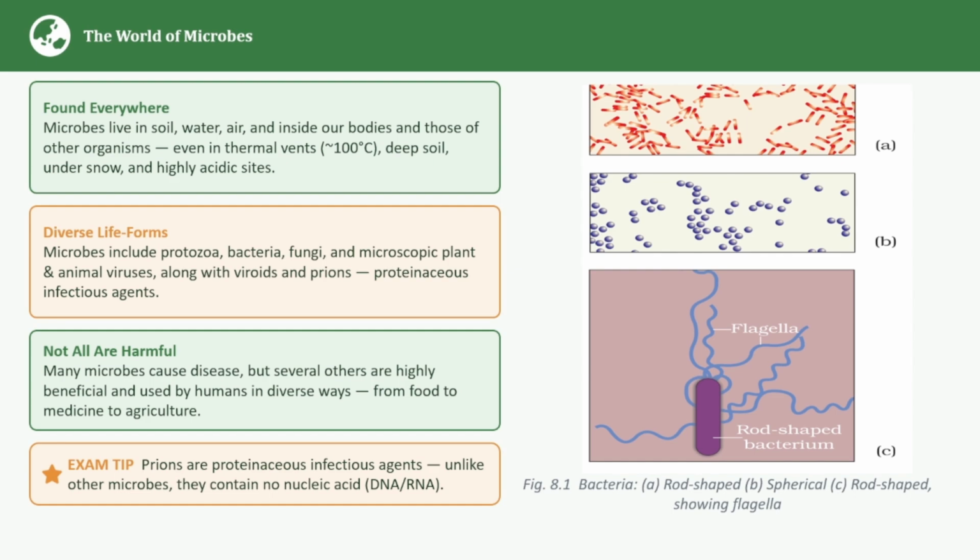Microorganisms are extremely small organisms and they are found almost everywhere. They are present in the soil, water, and air, and they can also live inside our body and inside other plants and animals. Some microbes can even survive in places where we think life is almost impossible.